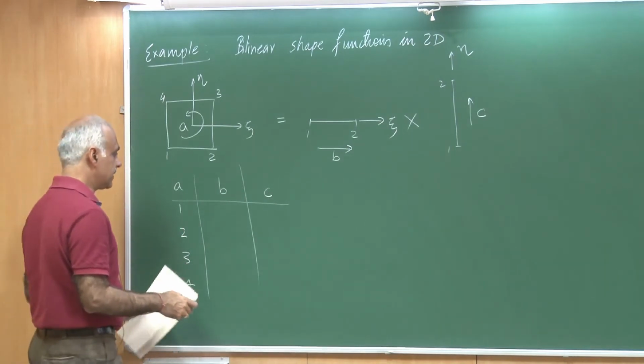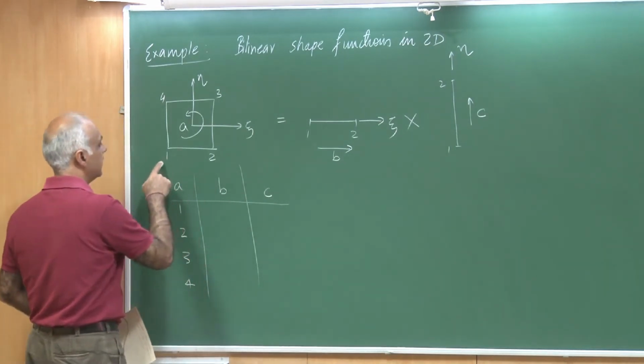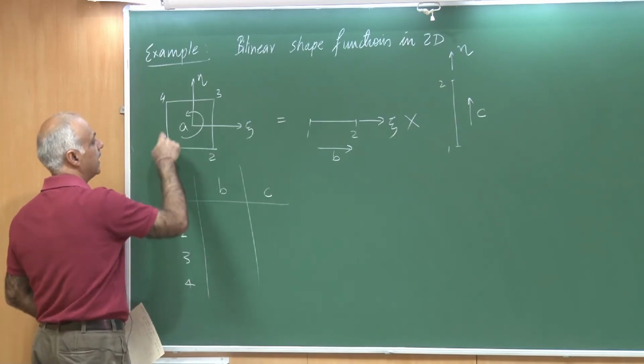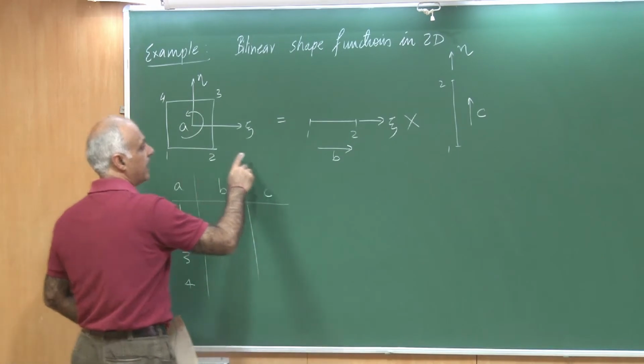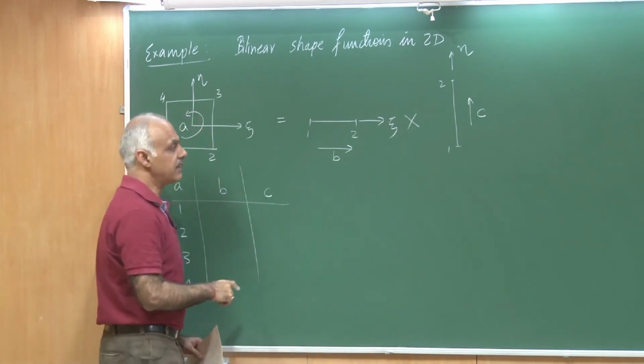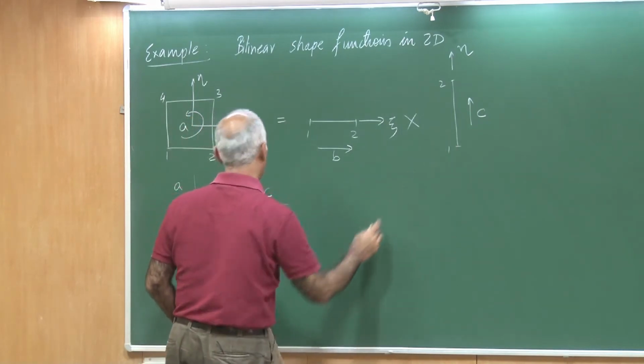And the proposal is that if I take the first node of this element, then I can get that by taking the first Lagrange polynomial along xi and the first along eta.